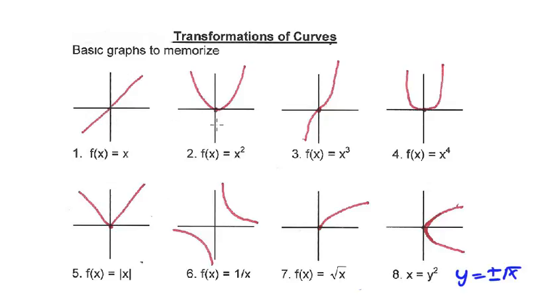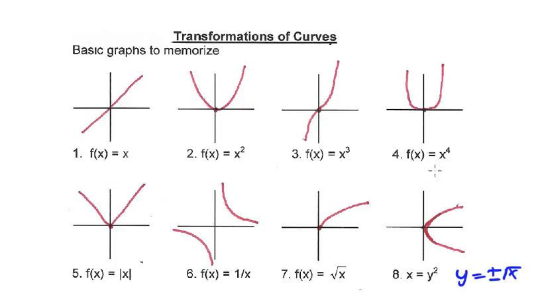Here, the vertex is very important for x squared, and for x to the third power, this turnaround point where at first it looks like it's facing downward and then it changes direction and looks like it's facing upward. We call this an inflection point, and that inflection point is again the origin.